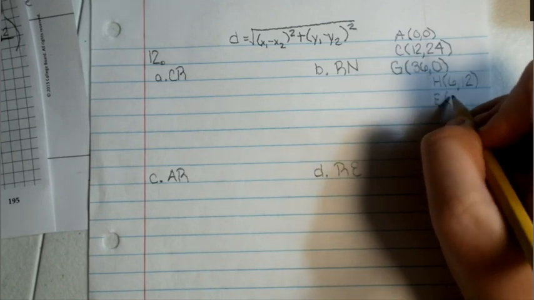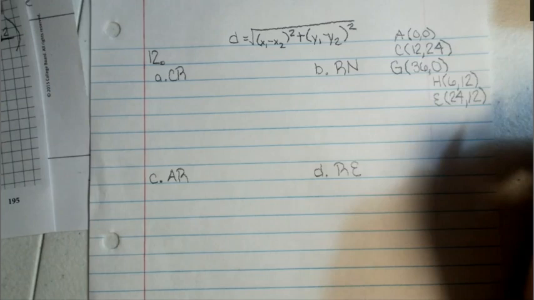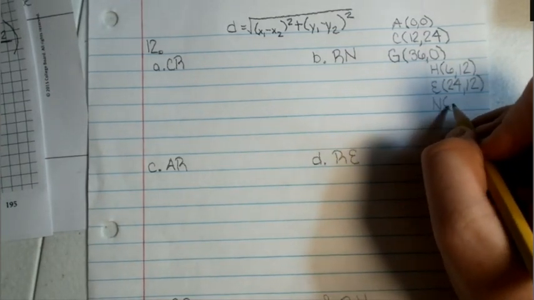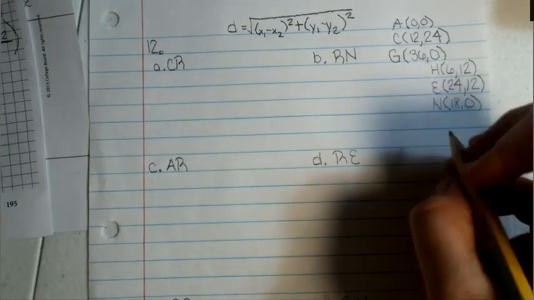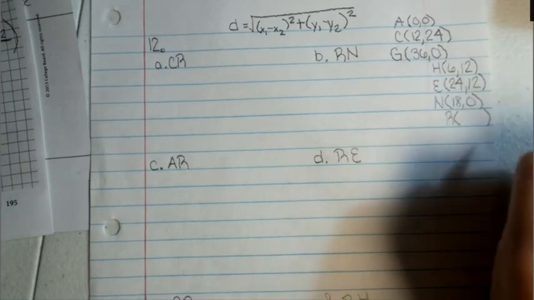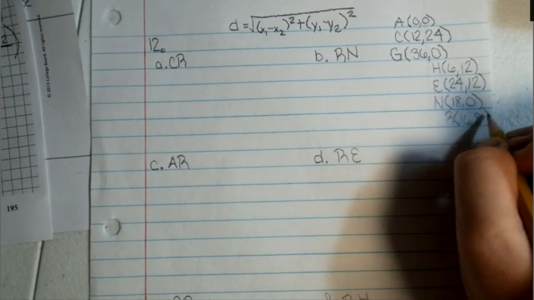E is located at 24, 12. N is located at 18, 0. And our R, which is our concurrency or our centroid, is located at 16, 8.